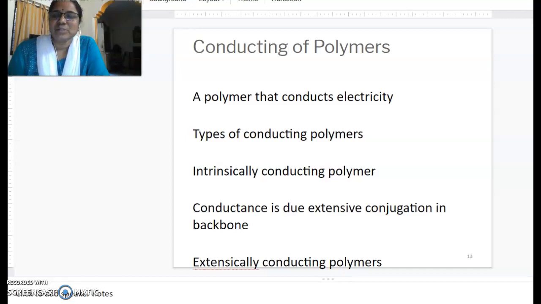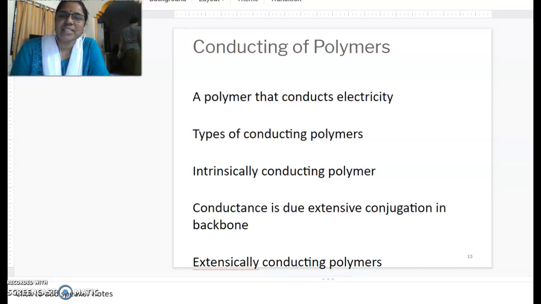Right? So the main difference for a polymer, whether to be an insulator or a conductor, is that in an insulator there is no availability of free electrons, so hence it is an insulator. In the polymer backbone or by addition, whatever it may be, if you create or there exist some free electrons, then such a polymer is conducting.